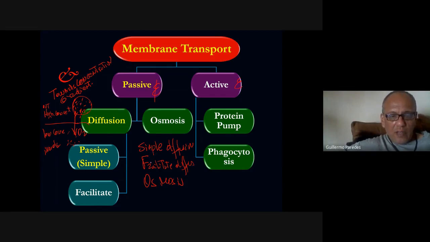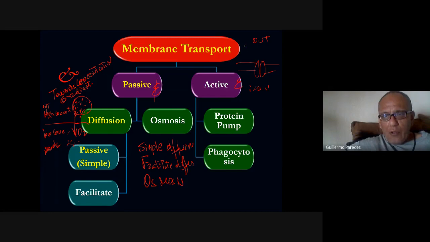Same thing happens with facilitated diffusion. The oxygen is so little that it is going to pass between the phospholipids without any problem because it's a very small molecule. But for facilitated diffusion, this is the cell membrane, and here we have one protein and another protein. This is outside, this is inside.